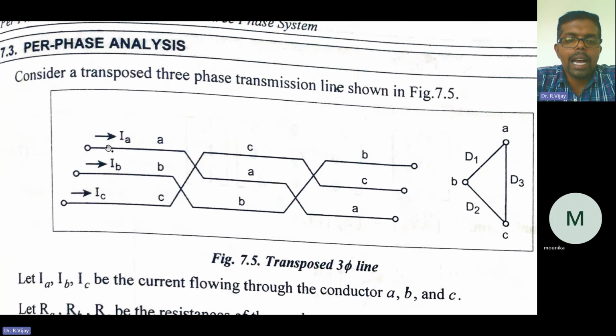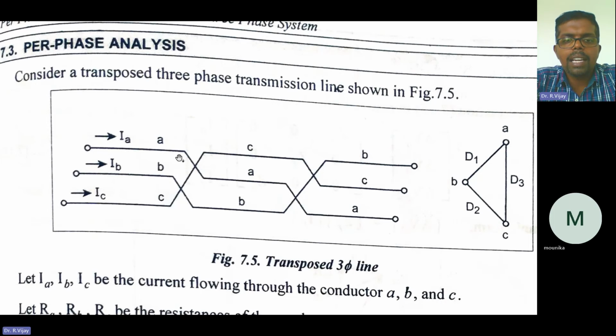So what happens is we are dividing this one phase into three. That is for some distance, so 1/3, say for example, this is 1/3, this is 1/3, 1/3. Like we are dividing one phase into three. Say for example, this is the first phase, first line, A line.